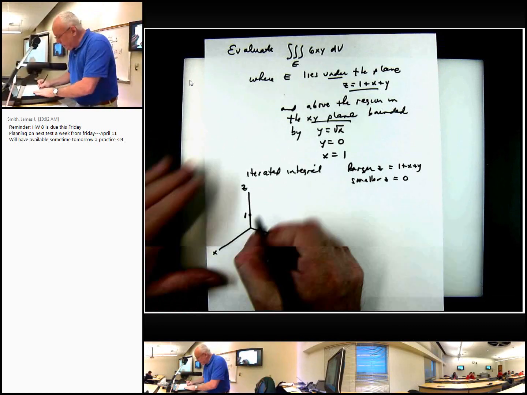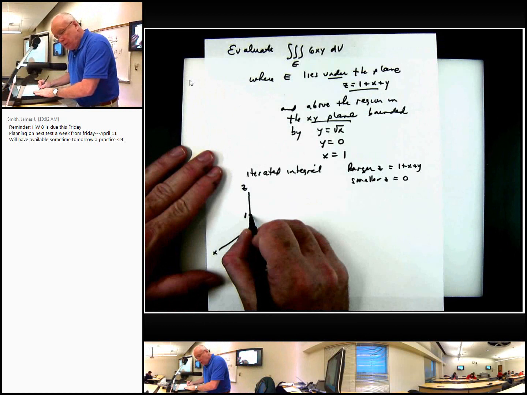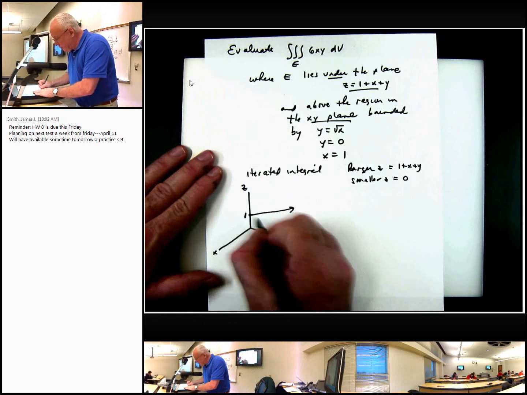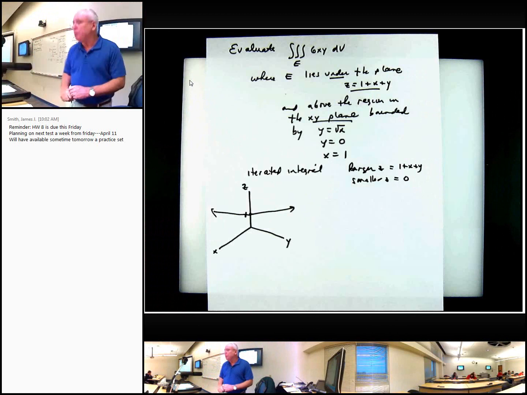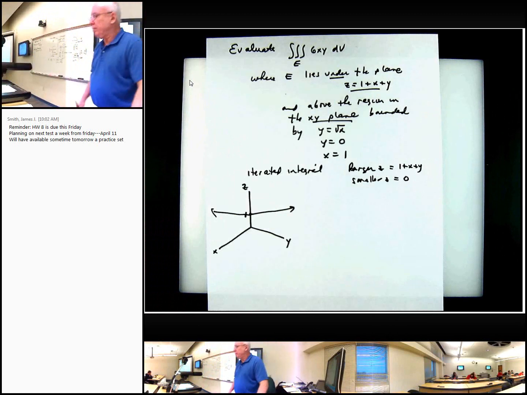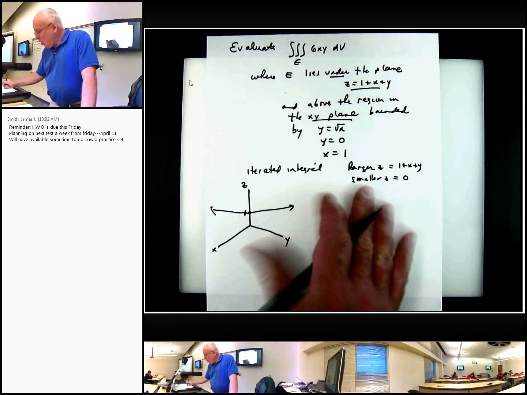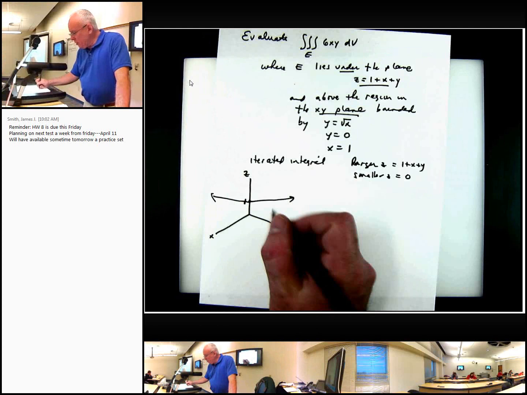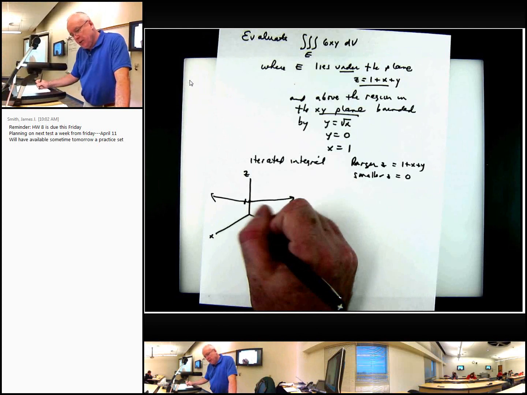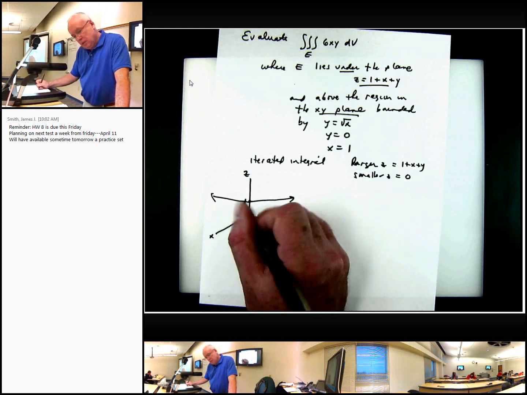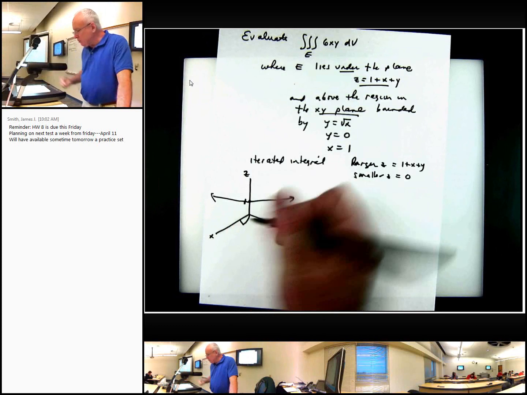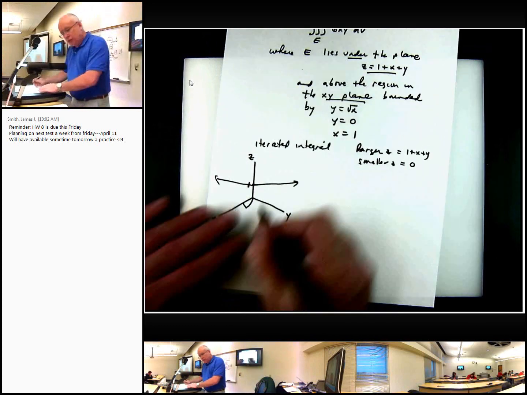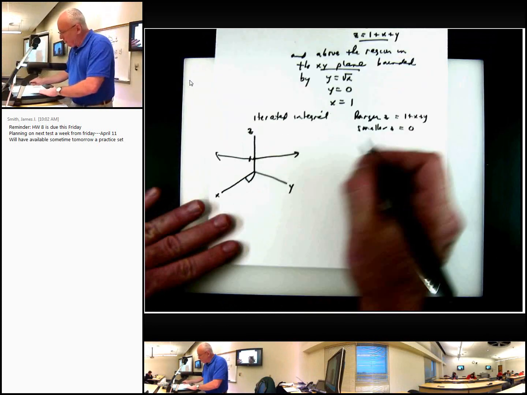So this thing comes out, goes up like this, and keeps getting bigger in value. We're integrating over an area in the xy plane, but let's draw a diagram here of what we're integrating over.